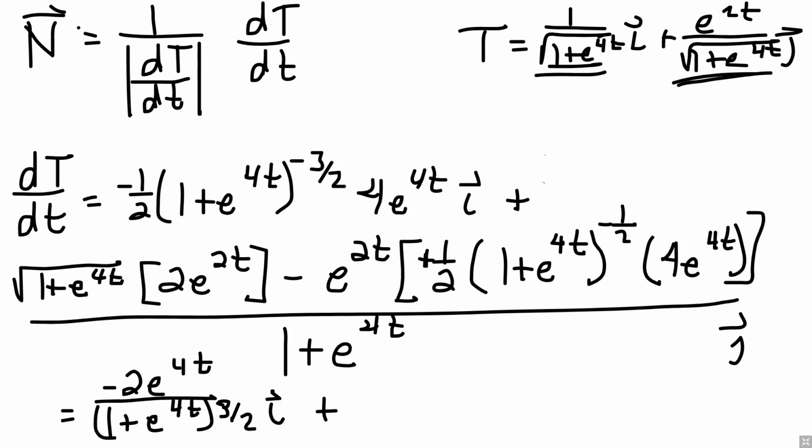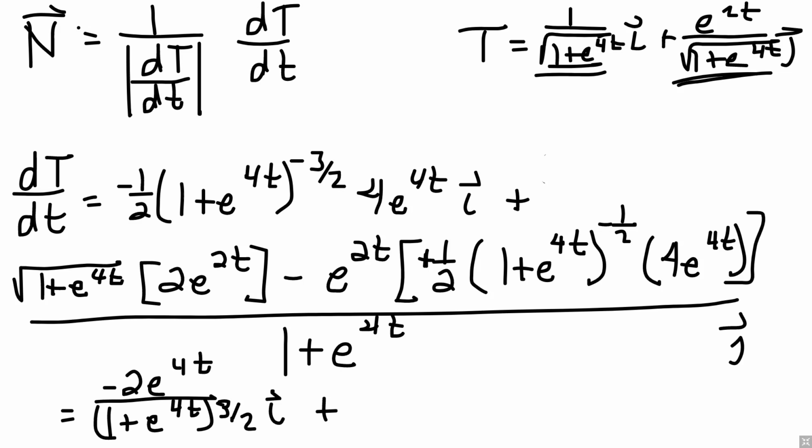the second piece, we have 2e to the 2t times the square root of 1 plus e to the 4t, and then minus for the next piece.